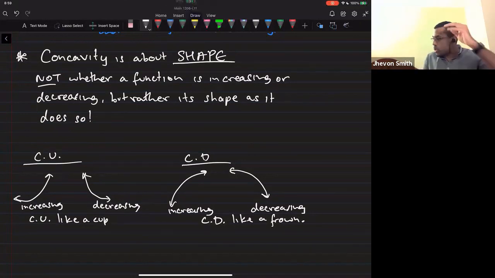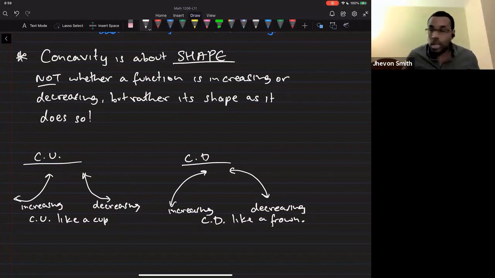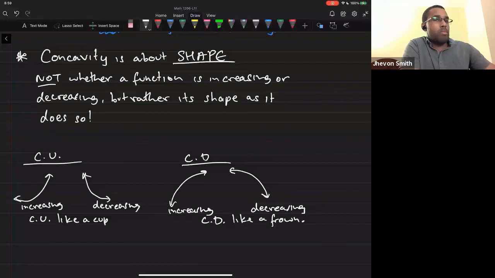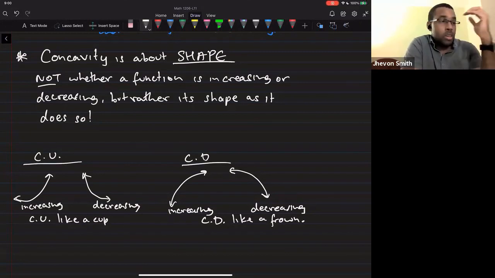It's when a function switches from a smiley face shape to a frowny face shape, or vice versa. That's important for a lot of reasons. Next time I'll talk about inflections, how we can interpret them, and specific mathematical ways of determining concavity by calculation, and where to find inflection points. I'll give you that next time.